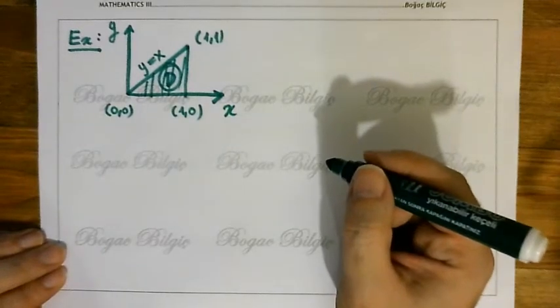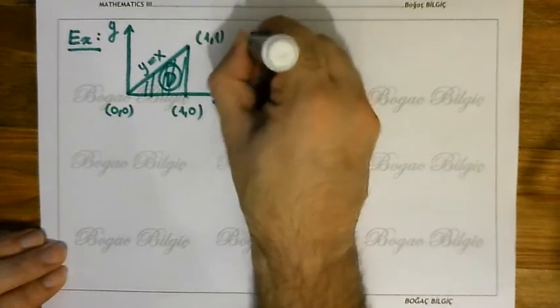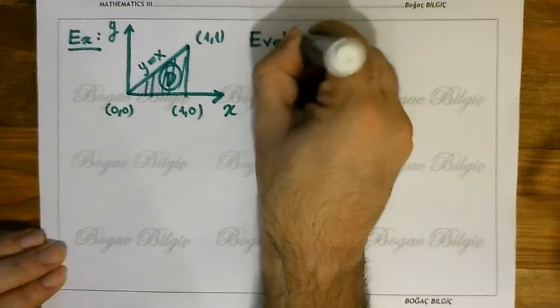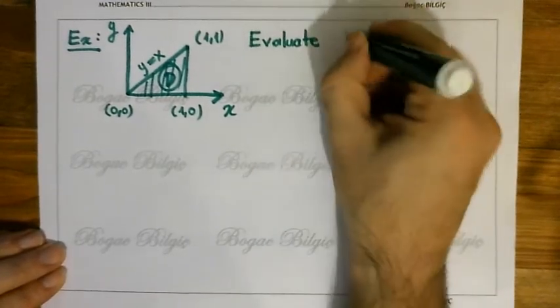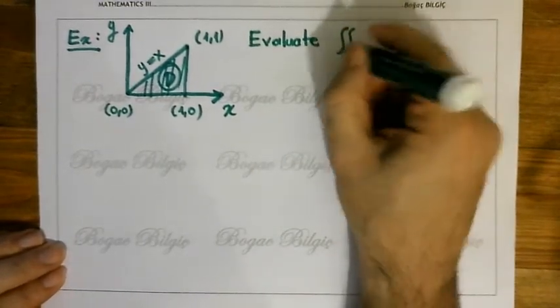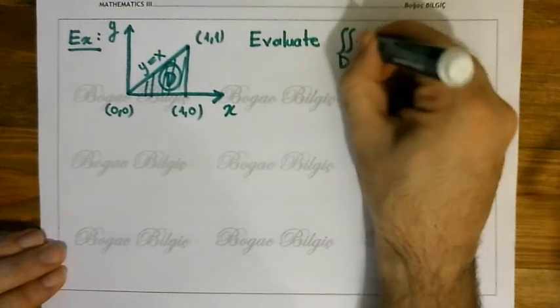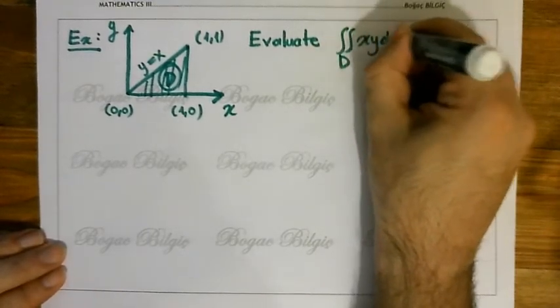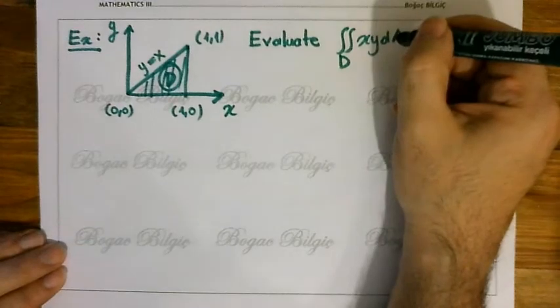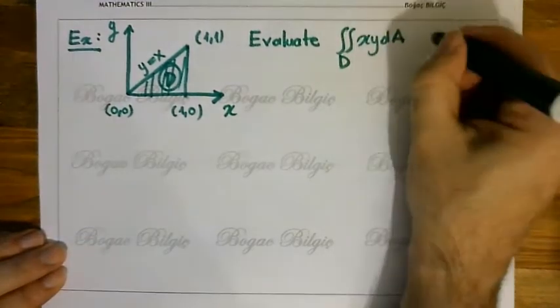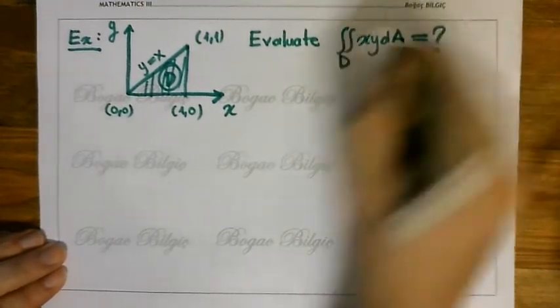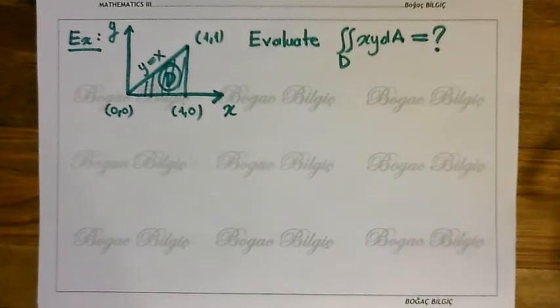Evaluate the double integral over D of xy dA. The region is both x simple and y simple. First, we make a sketch of the region D.